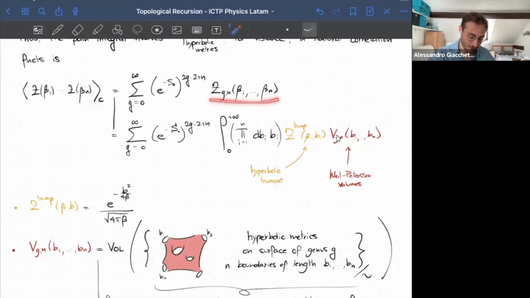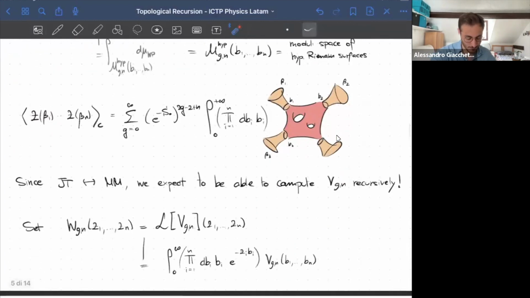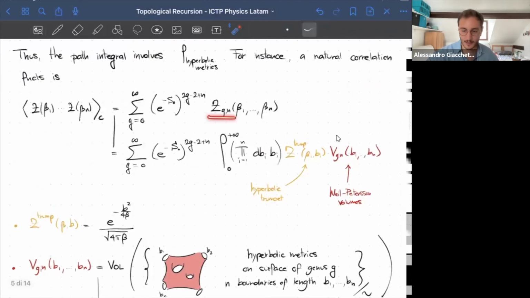These are natural in the context of JT gravity, but this contains the same information as these volumes, which are very natural in the geometric context. But then I'm taking the Laplace transform of these volumes, which is more natural from the topological recursion point of view. But you should agree that this W_{g,n}, these V_{g,n}, and this Z_{g,n} all contain the same information. So as soon as I tell you how to compute one of these three quantities, you will be able to compute all of them.